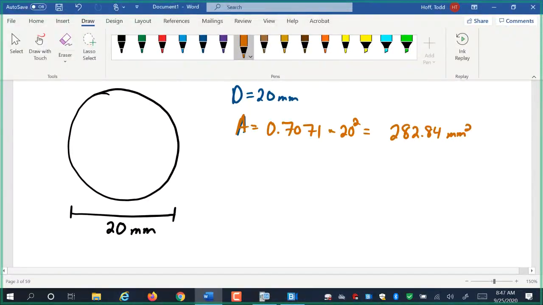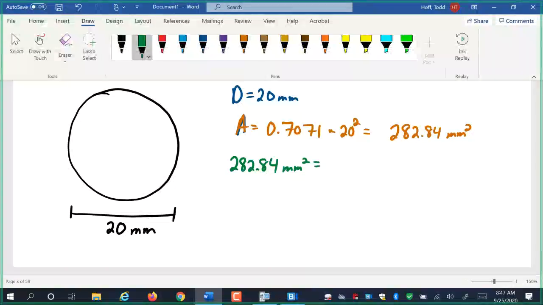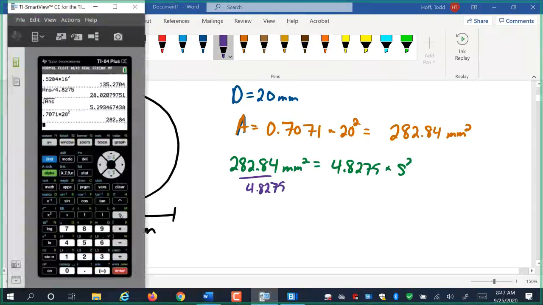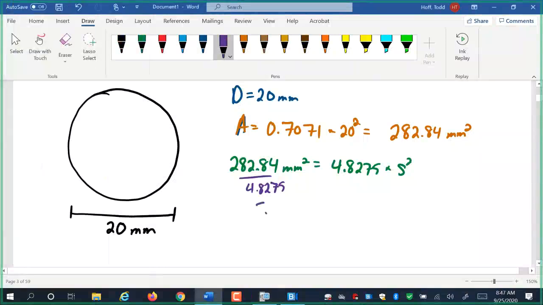To get back to that length of side, we know our area, and we know for the length of the side it's 4.8275 times the length of that side squared. So once again, we're going to work backwards. We're going to divide by the 4.8275. We get 58.59.